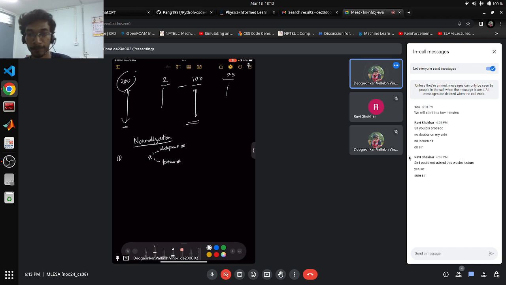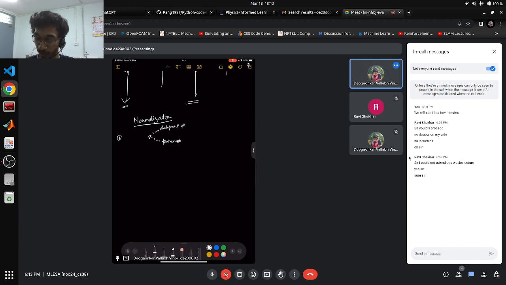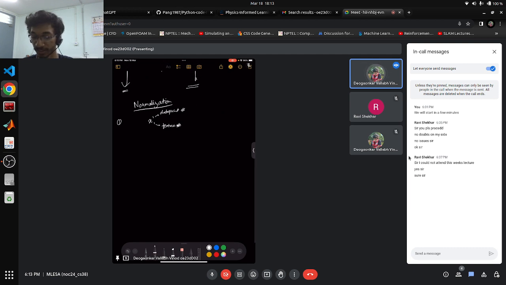So x1 1 will denote the first feature's value, x2 1 will denote the second feature's value, and x3 1 will denote the third feature's value for the first data point. Similarly you have all the data points. So for the nth data point, you would have x1n, x2n, and x3n.